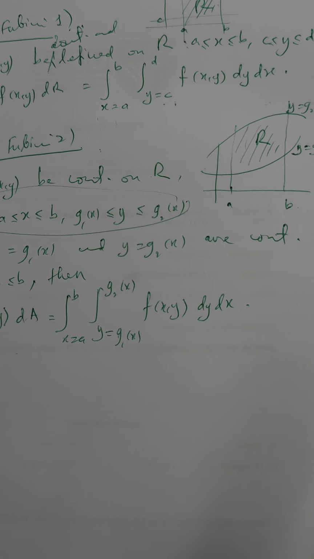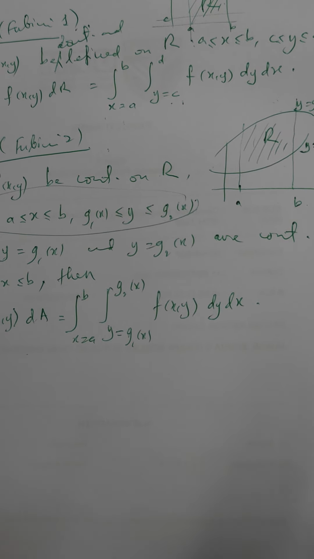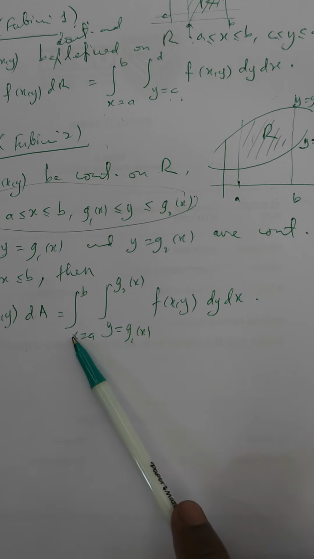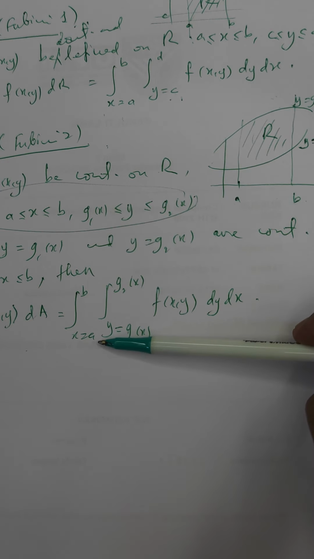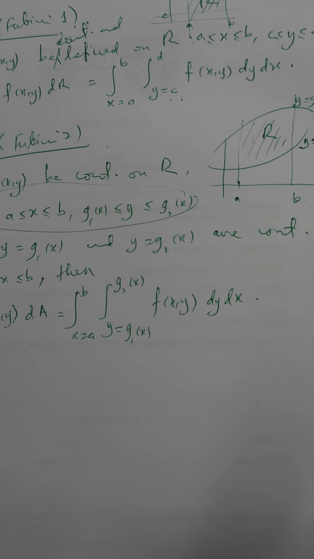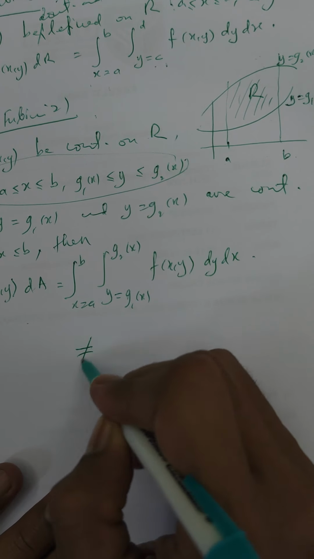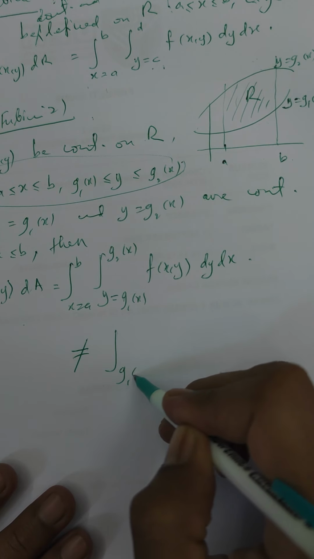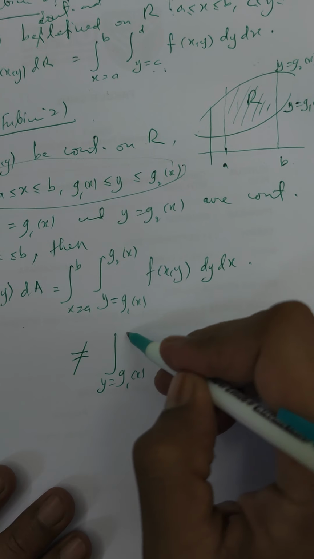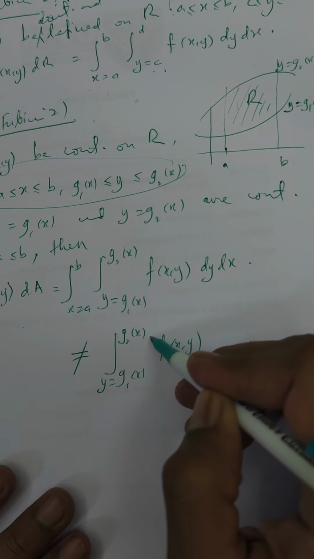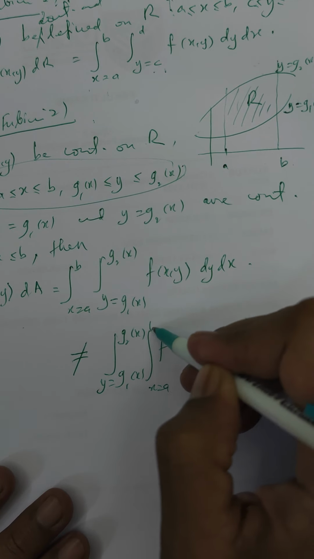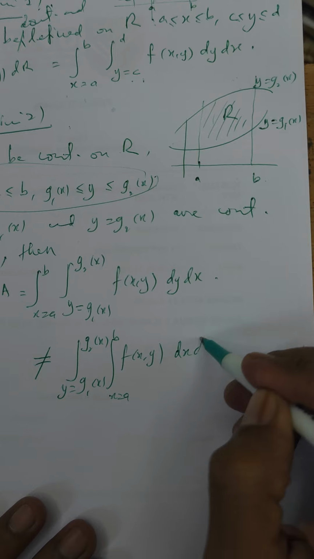Please note that when we do the double integration or multiple integral, the outermost integral must be from constant to constant. You cannot put it this way, with y from G1(x) to G2(x) on the outside and x from A to B inside, dx dy.